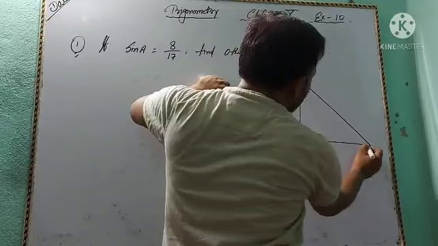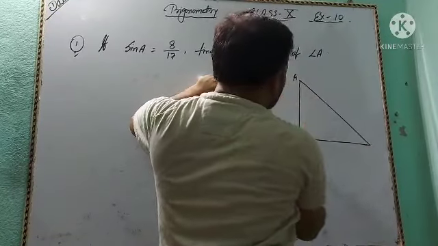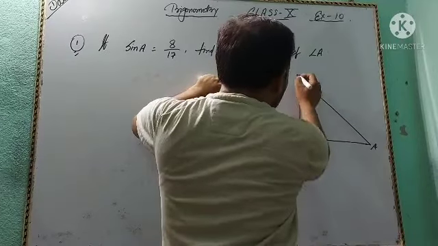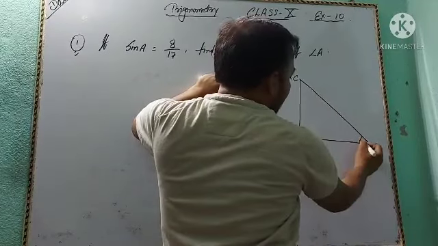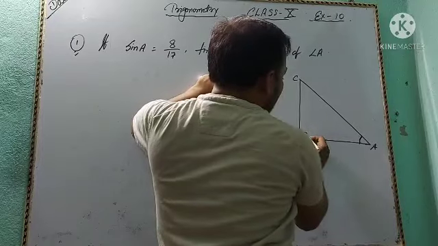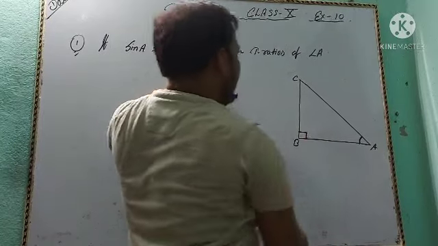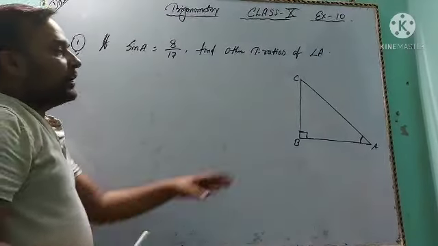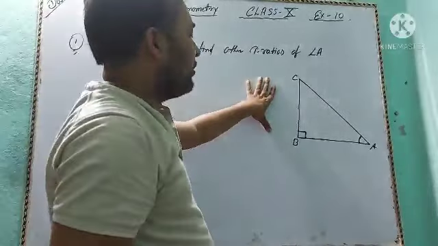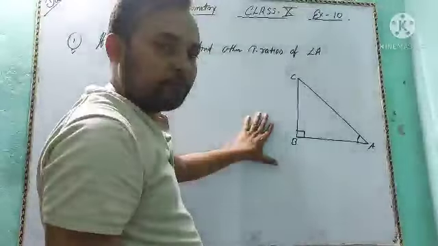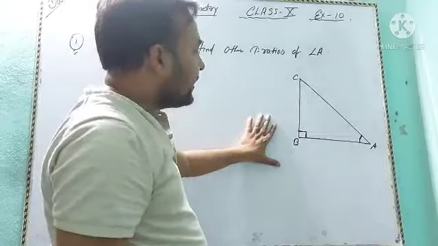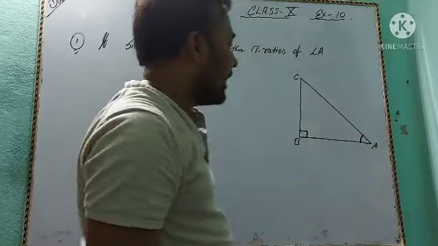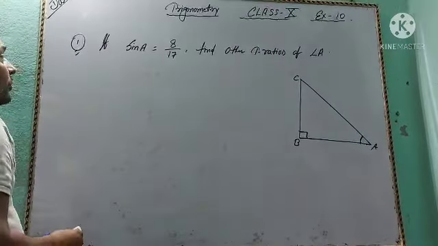We draw a right angle triangle A, B and C, and this acute angle is A, and the right angle at B. Consider a right angle triangle ABC in which right angled at B and A is the acute angle. So let's start, students.